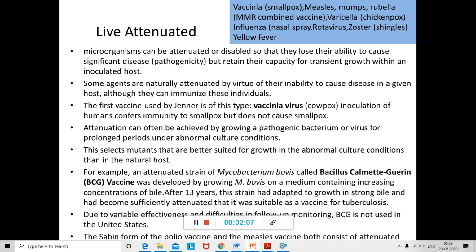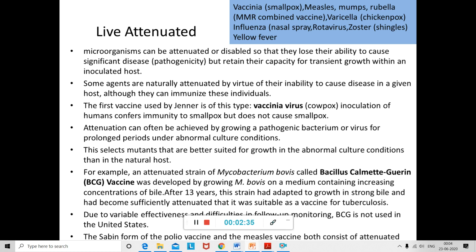For example, in the case of Mycobacterium bovis, an attenuated strain called the Bacillus Calmette-Guerin vaccine was developed by growing M. bovis on a medium containing increasing concentrations of bile. And after 13 years, this strain had adapted to grow in strong bile and had become sufficiently attenuated that it was suitable for a vaccine against tuberculosis.